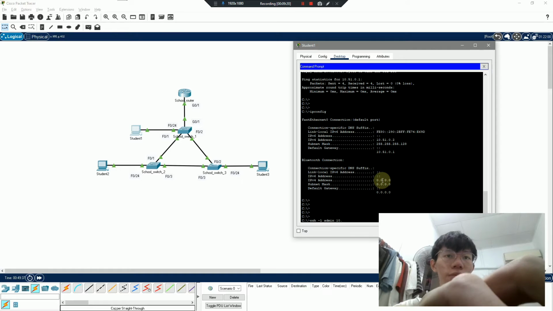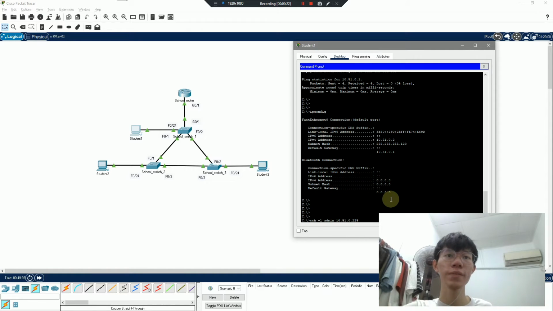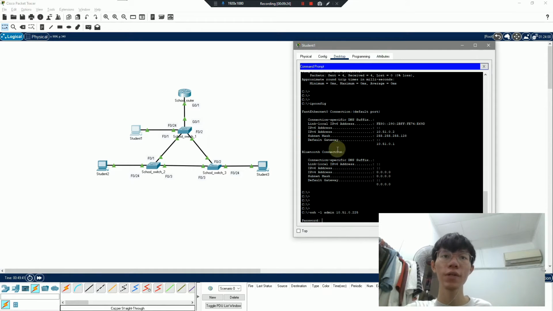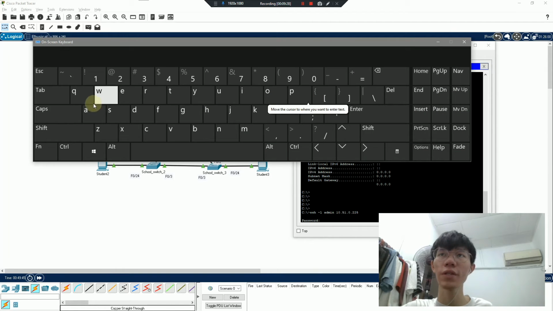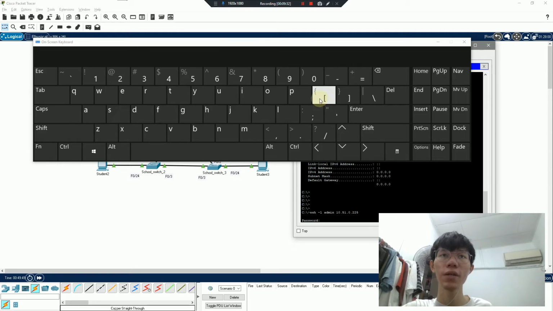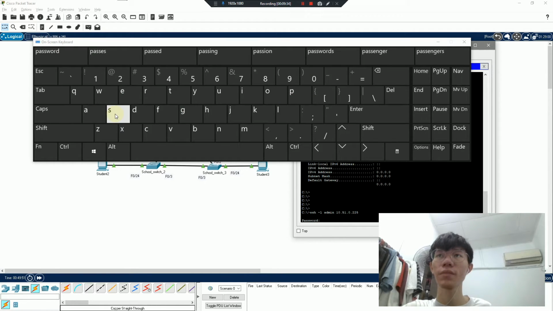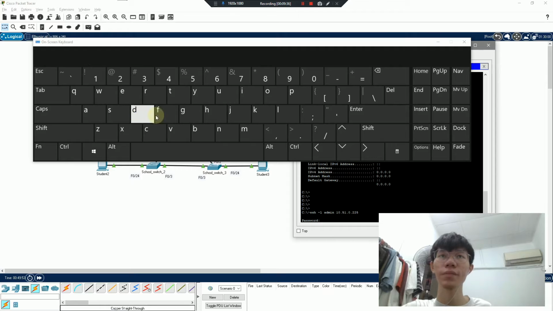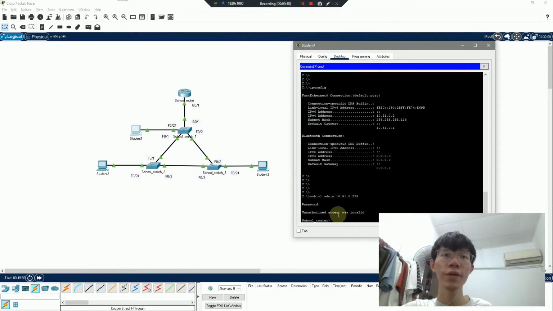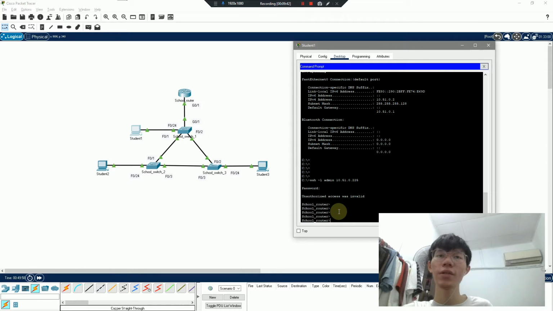Enter. It will require the password, which is passwd. Enter. The banner comes out and the connection is successful.